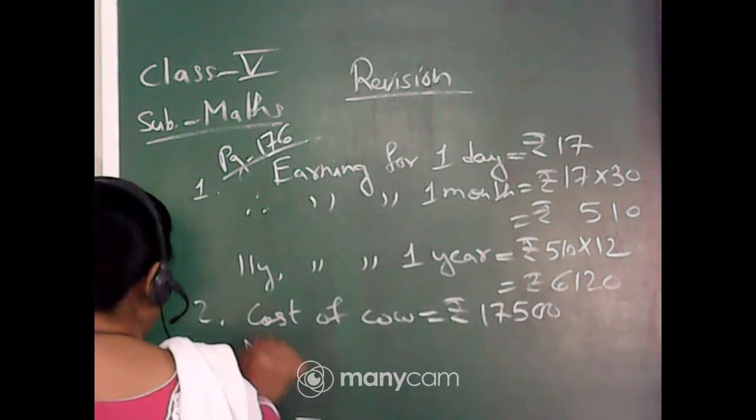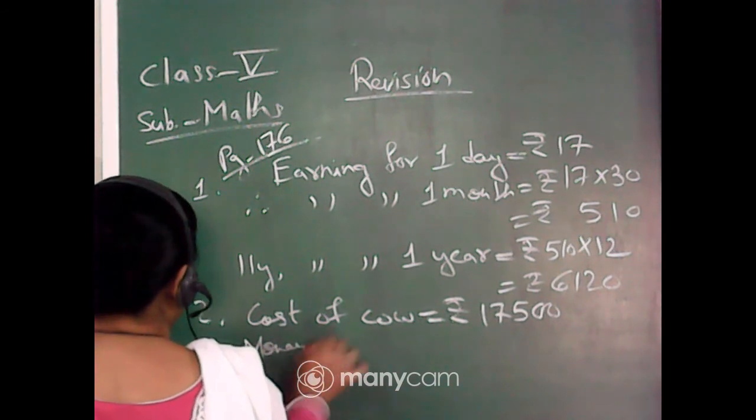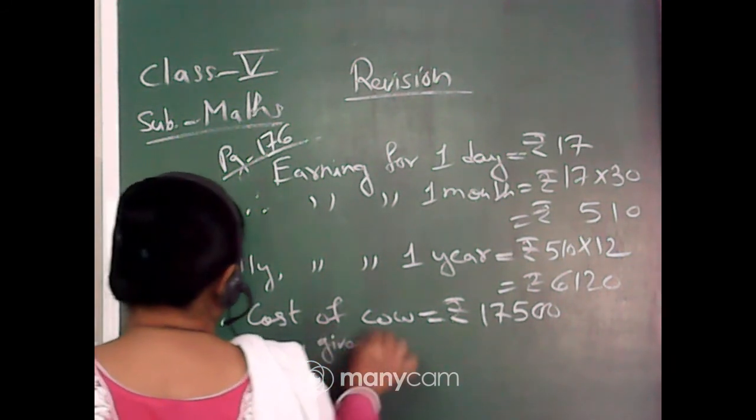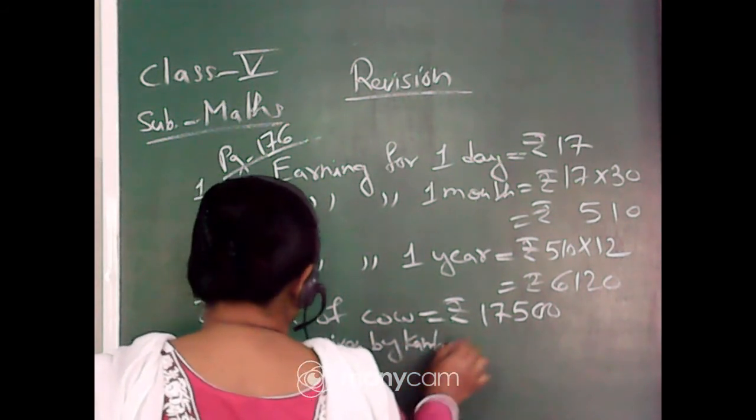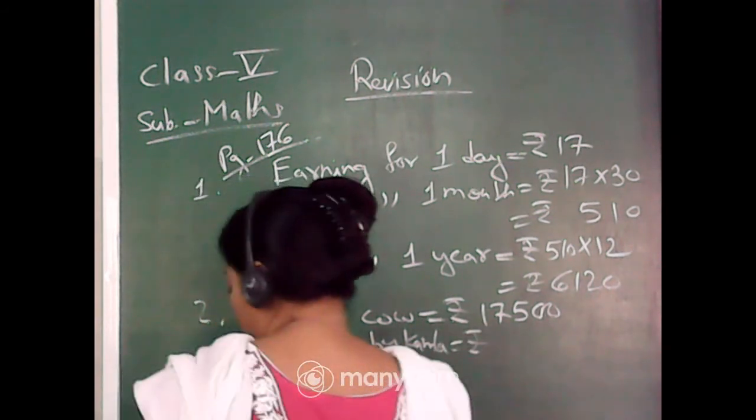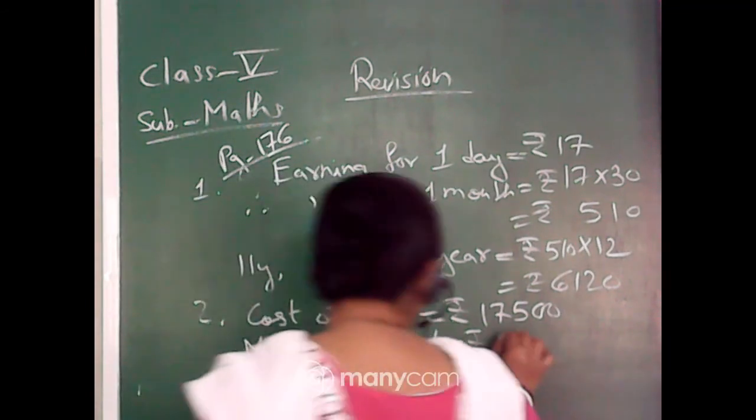Now money given by Kamlabai is rupees 5,500.